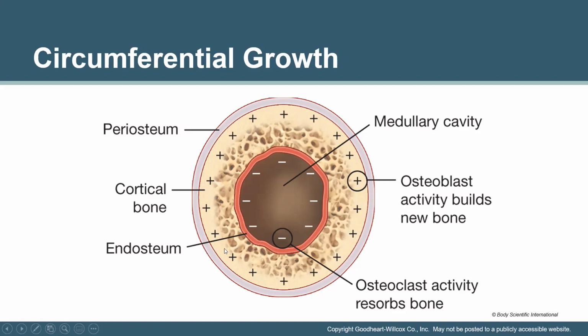Then outside of that, we have our cortical bone layer. Within the cortical bone layer, we do have osteoblastic activity, B for building, to lay down more bone. And we have the periosteum that lines the cortical bone.